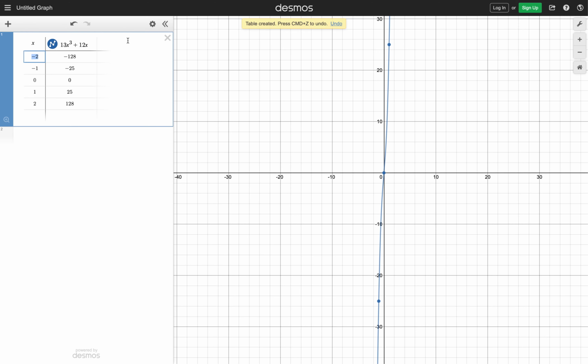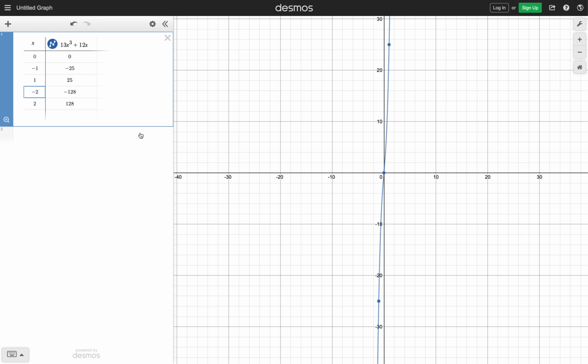This would be a case where, if the function is odd, instead of the same outputs, we're going to have additive inverses in the output. So opposite sign inputs lead to opposite sign outputs. Here you have negative 1, negative 25, 125, negative 2, negative 128, and 2, 128.